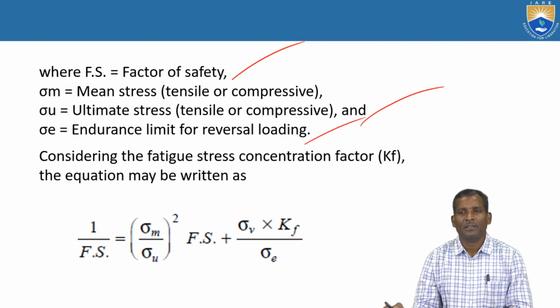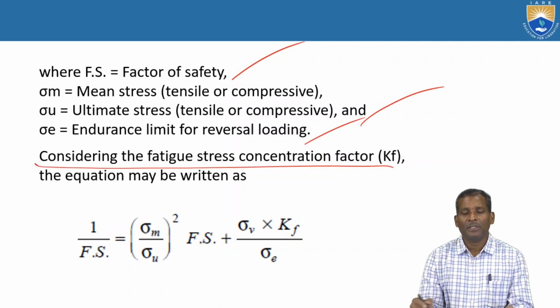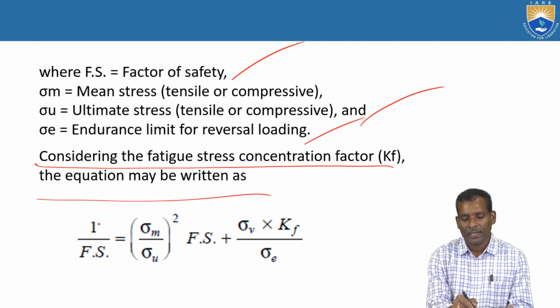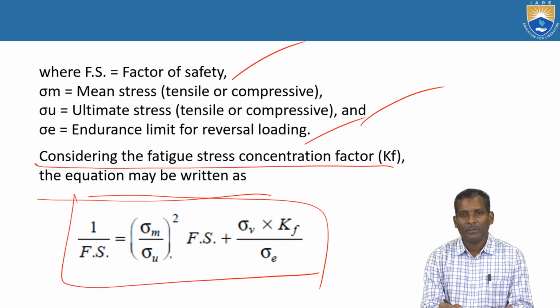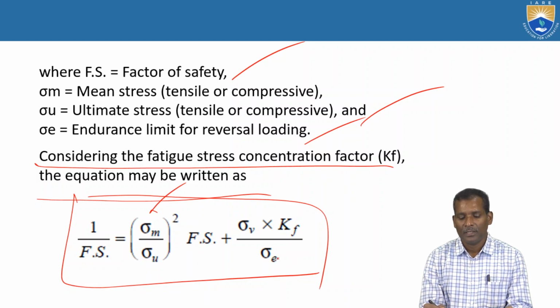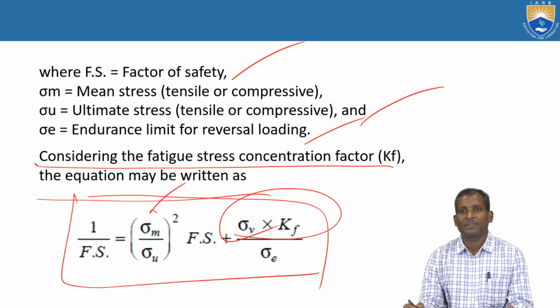Considering the fatigue stress concentration factor, the equation may be written like this: the mean stress term, sigma M by sigma U whole square, there is no change here, plus the variable stress multiplied with the fatigue stress concentration factor, upon sigma E. We have already discussed it in previous slides.